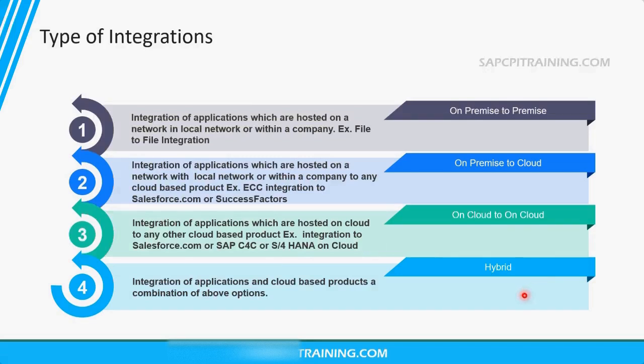Another option can be a hybrid, where there can be a mix and match of these 1, 2, 3. Then the decision would be dependent upon the mix, whether it is heavy on on-premise or heavy on cloud, or the customer is insisting that I just want to go with my existing middleware only.